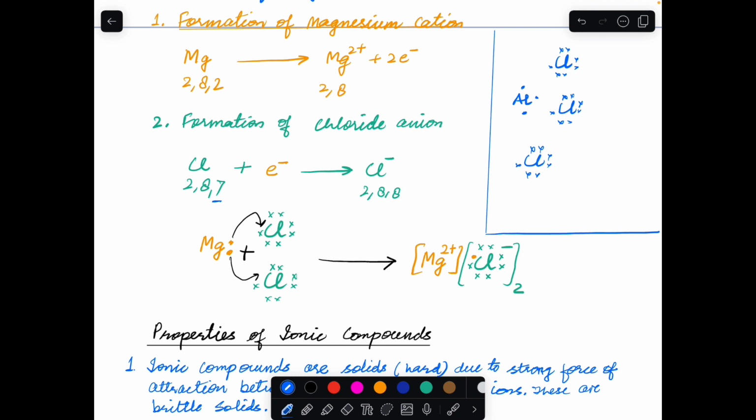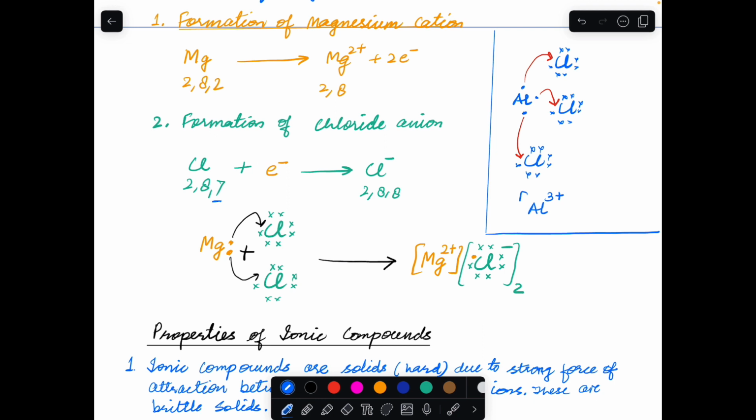Fine. So now this one electron will go to one chlorine atom to form an ion, the second to the second chlorine, and the third to the third chlorine. Therefore we get Al with a 3 unit positive charge.